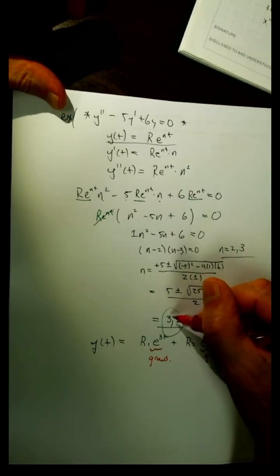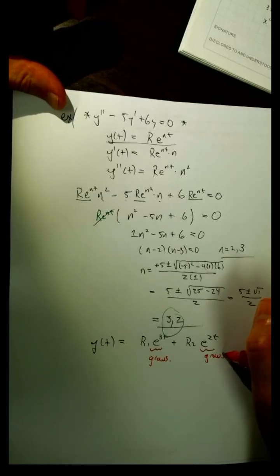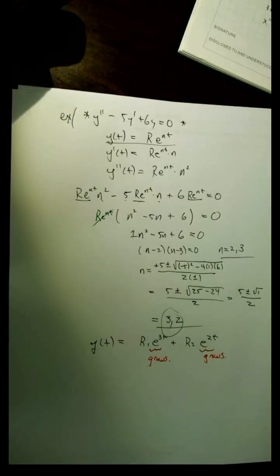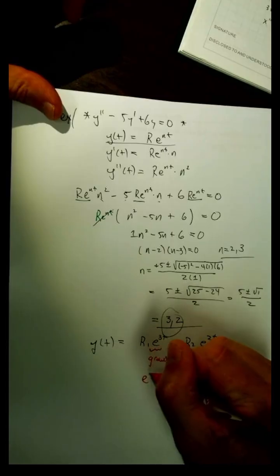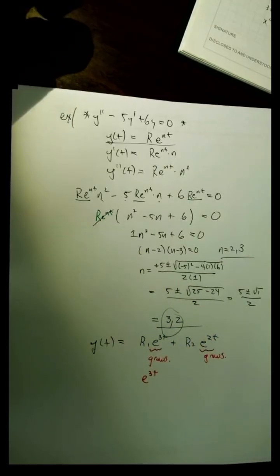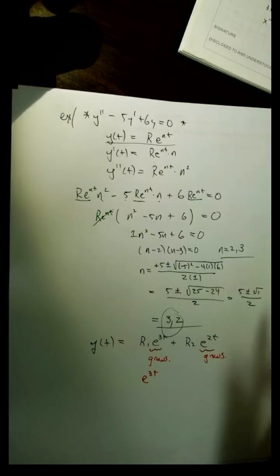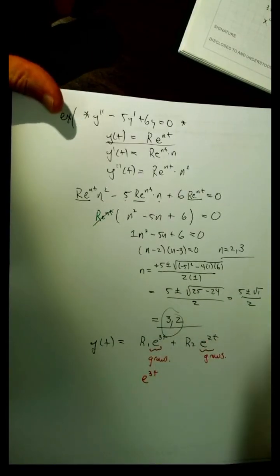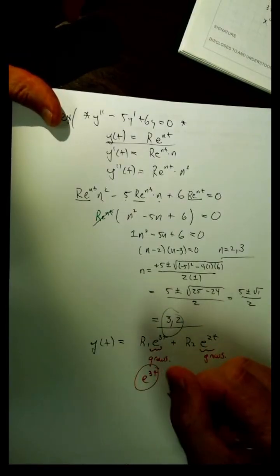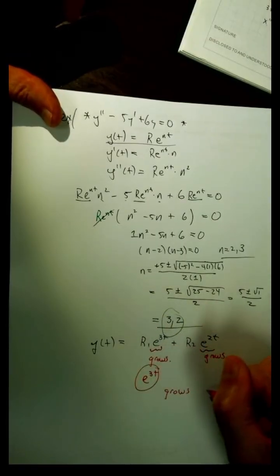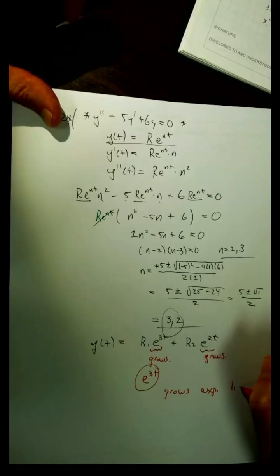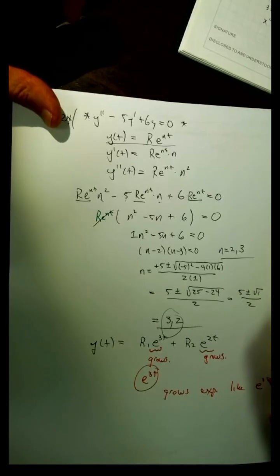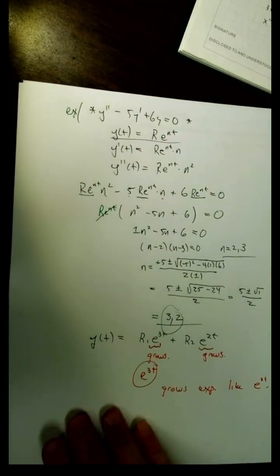Because 2 is smaller than 3, this will not grow as fast as e to the 3t. E to the 3t grows much faster than e to the 2t. After a short amount of time, e to the 3t will be much bigger than e to the 2t. And so the whole solution grows exponentially like e to the 3t.